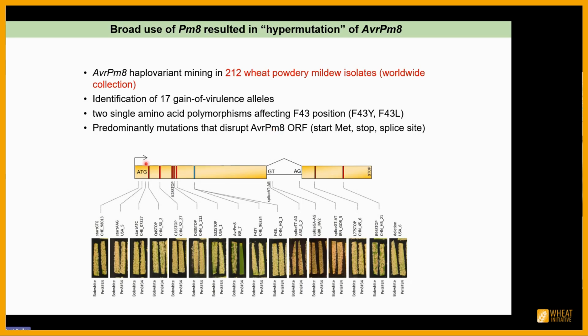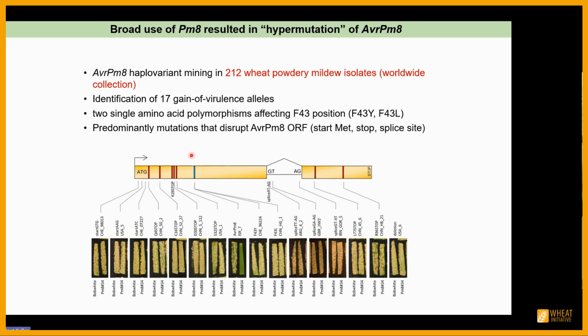So we found mutations in the start codon. You can see here basically all three nucleotides. We found mutants in the start codon. We found 3 of the 4 positions in the splice site were affected in certain mutants, and we had some stop codons also in some of the mutants.